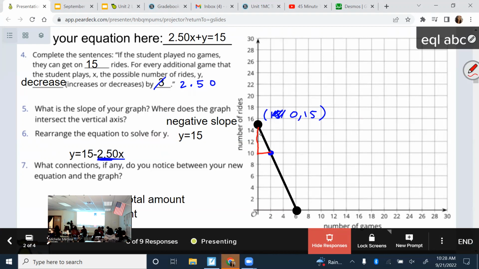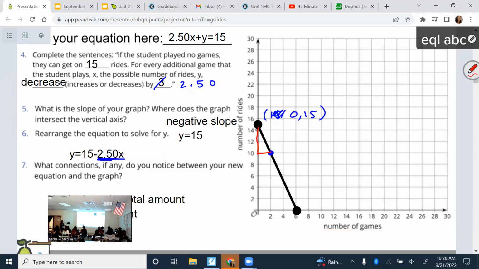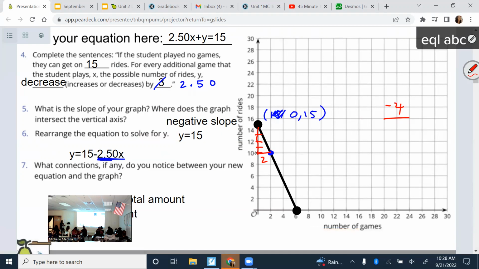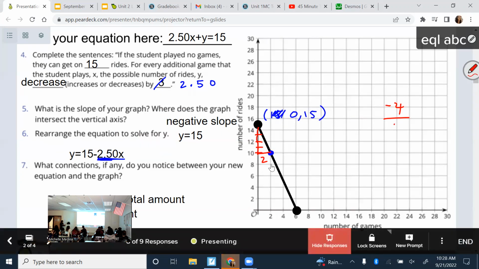What's my rise? Good. Note the difference in the numbers here. And then what's my run? That actually looks more like 5. Because it goes 1, 2, 3, 4. I don't know. This graph might be a little bit off. Because it should be 2.5.